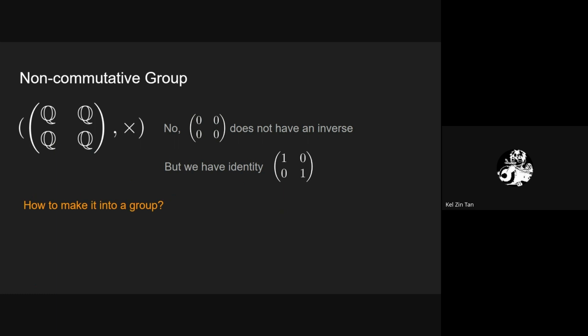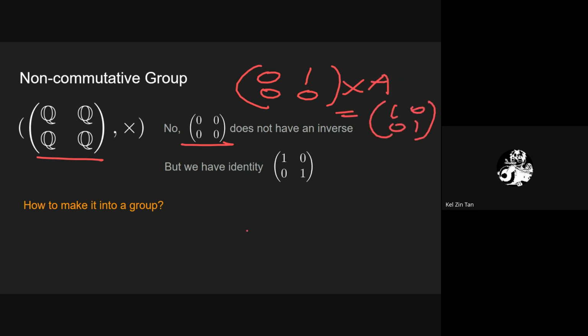So how do we make this into a group? There are many elements here that do not have an inverse. For example, I know that 0, 0, 0, 0 does not have an inverse, but 0, 1, 0, 0 also does not have an inverse. So there is no element A such that multiplied together would become 1, 0, 0, 1.